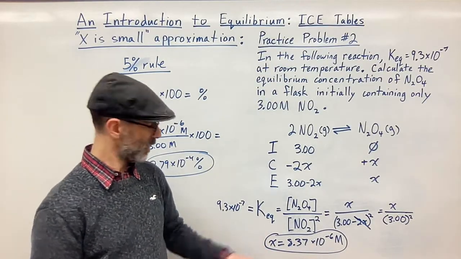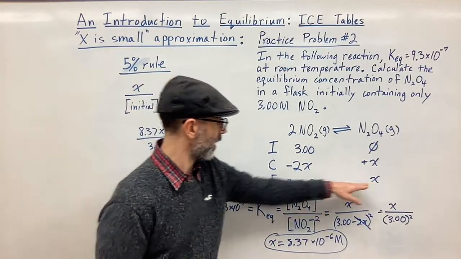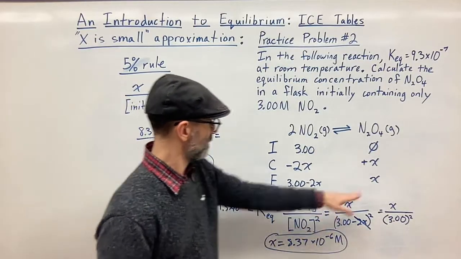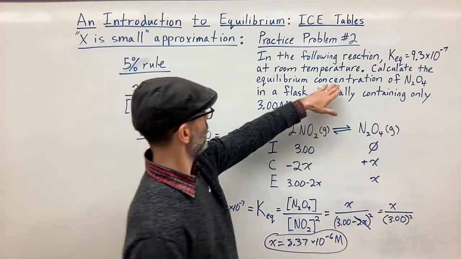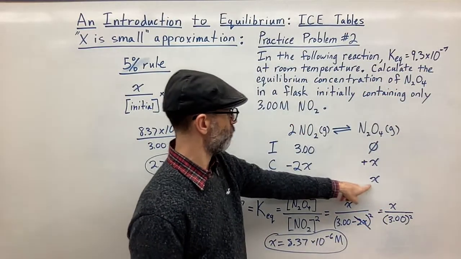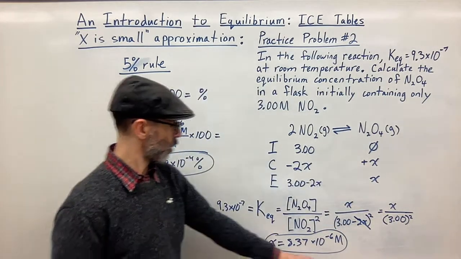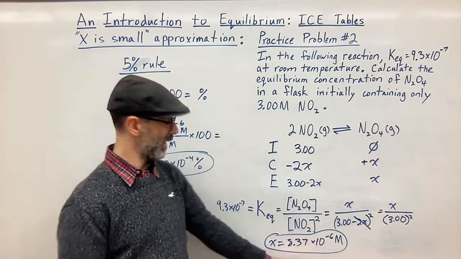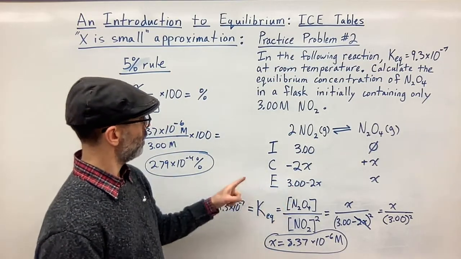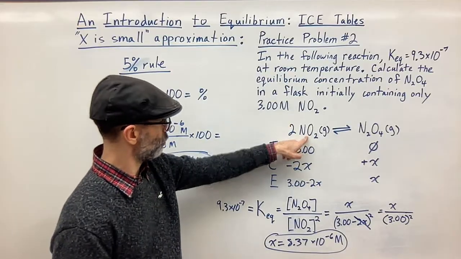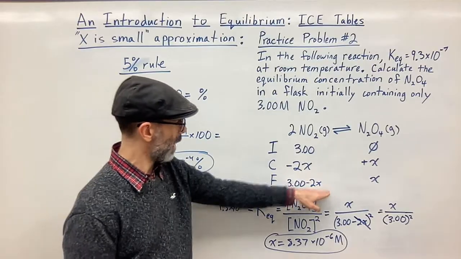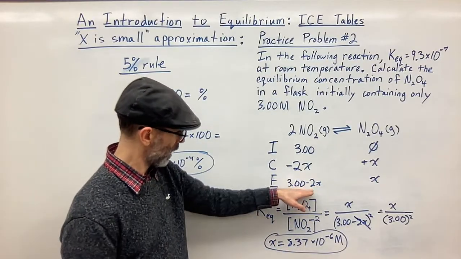So now I can go ahead and plug it into my numbers here. It's asking, what is the equilibrium concentration of N2O4? The concentration of N2O4 is x, which is this. If I wanted to find the concentration of the leftover NO2, I would take the 3.00 and subtract 2x.